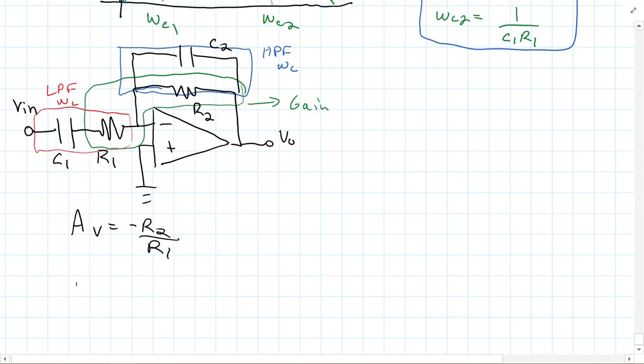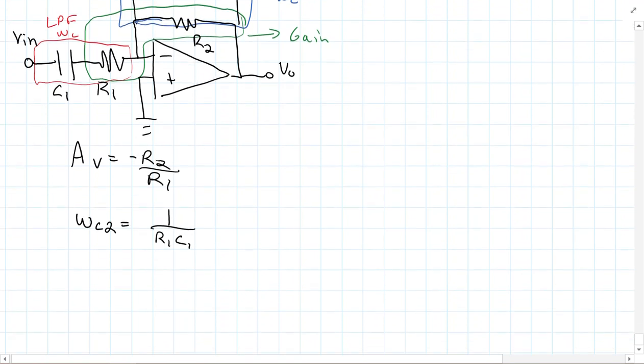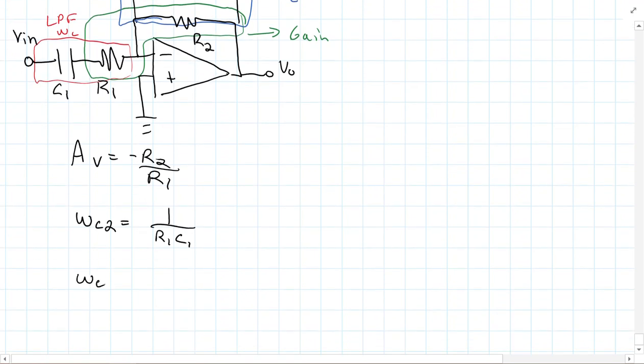And that's a bandpass filter, so omega C2 here. Now I got to be careful. Remember, omega C2 is caused by the low pass filter, so this would be 1 over R1 C1, and omega C1 is caused by the high pass filter, which is 1 over R2 C2.